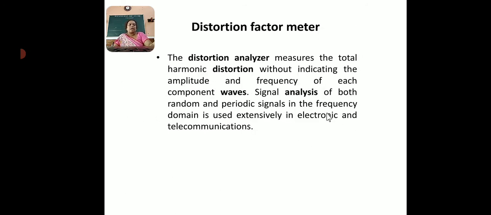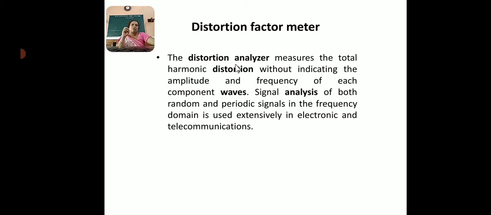In this slide I am going to explain the distortion factor meter. The distortion analyzer measures the total harmonic distortion without indicating the amplitude and frequency of each component wave.